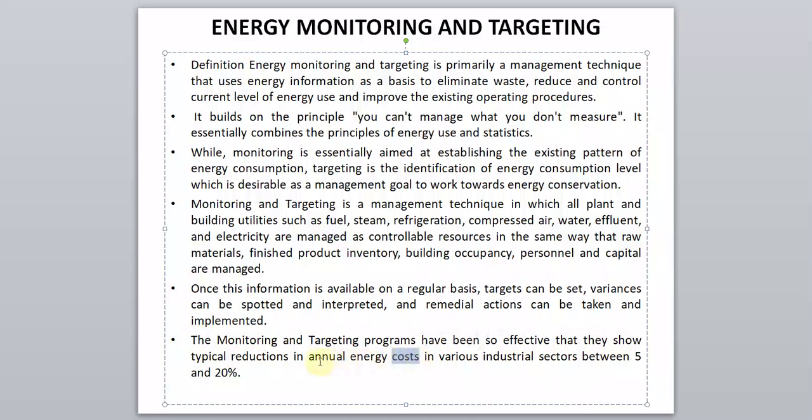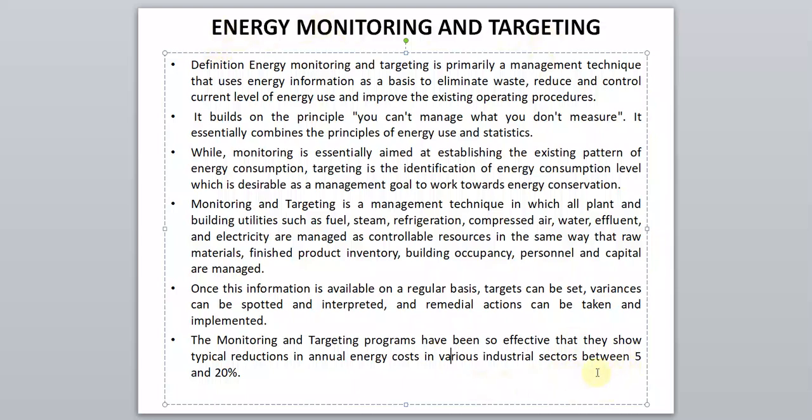Our ultimate goal of energy monitoring and targeting is to reduce the annual energy cost, in rupees, lakhs or crores, depending upon the energy consumption, in various industrial sectors between 5 and 20%. There has been a significant reduction in the annual energy cost for different industries when they perform energy monitoring and targeting.